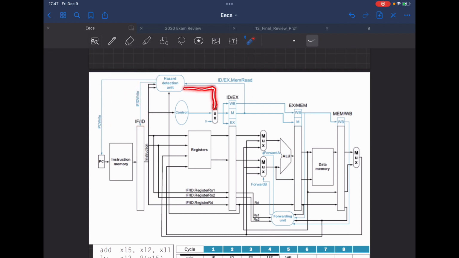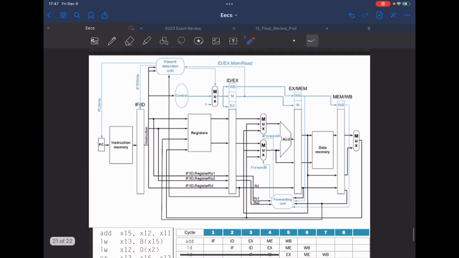In addition to the nops and stalls, it outputs signals to this mux. If it does assert this mux, then it sends a 0 out, and what that 0 does is it basically inserts a stall into the pipeline. If we recall, stalls and nops are slightly different, but essentially they serve the same purpose.